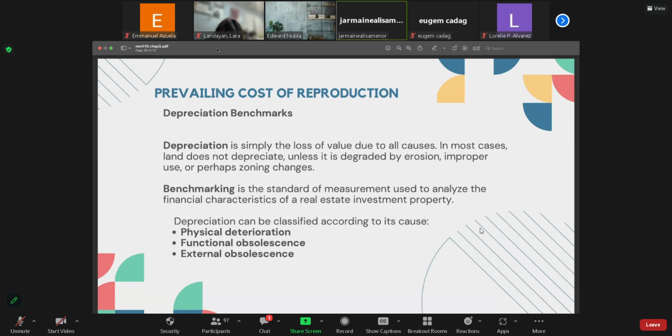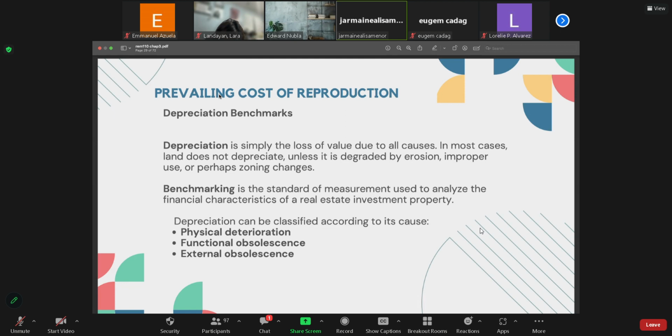Next is functional obsolescence, the reduction of an asset's usefulness or desirability because of an outdated design or features that can be easily changed or updated. It happens when the desirability of a property decreases due to its design or outdated features. Practically, these are too small living rooms or parking.